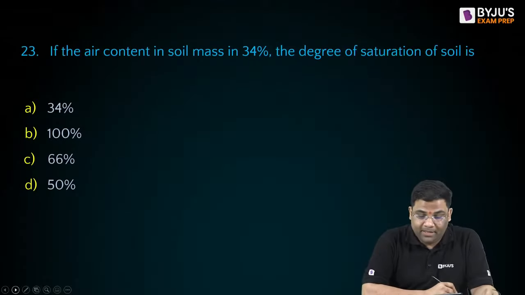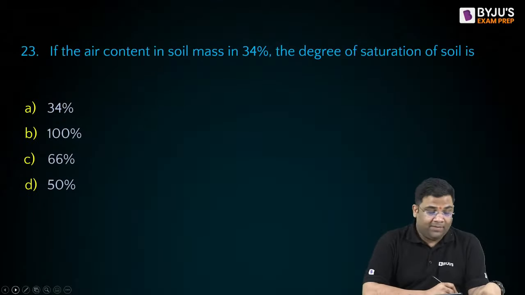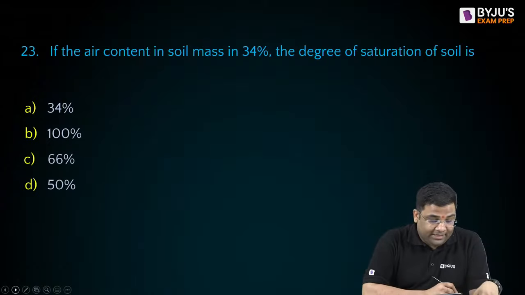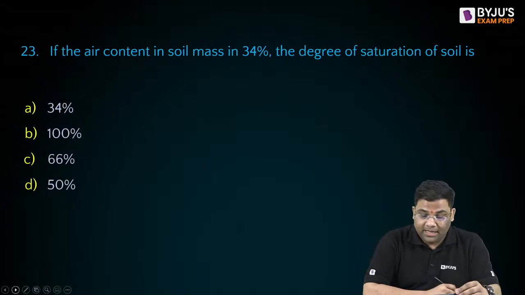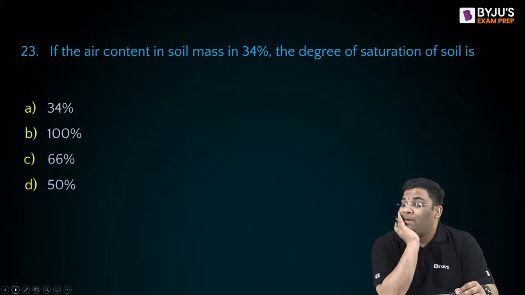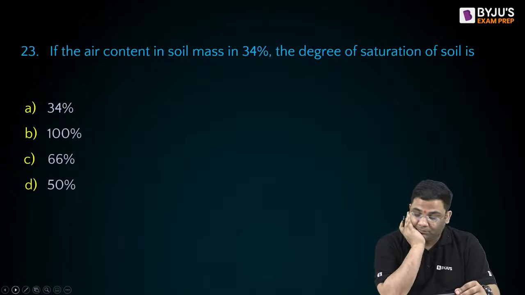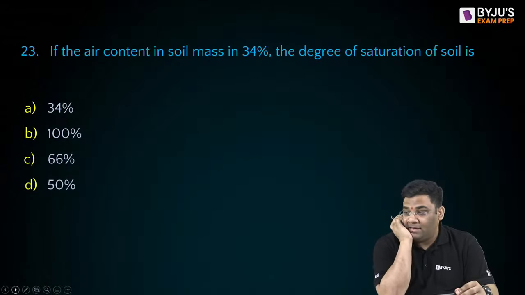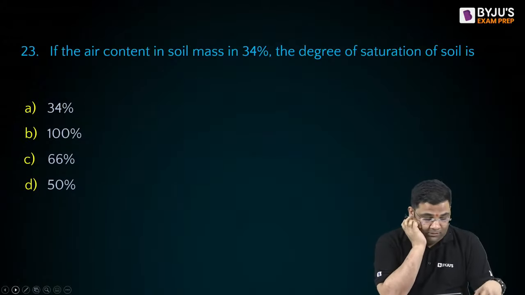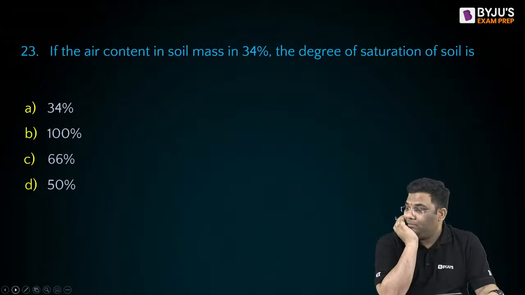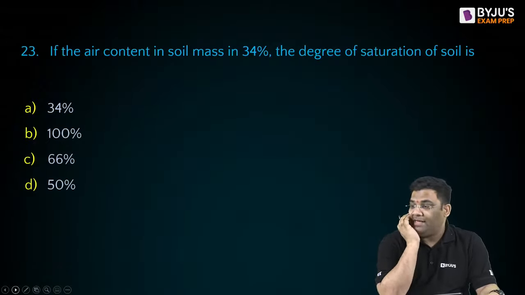Next question. If the air content of a soil mass is 34%, find the degree of saturation. Okay, somebody has answered correctly. Akshay, I think, has answered first. Others also please contribute fast. Yes, it's very easy.